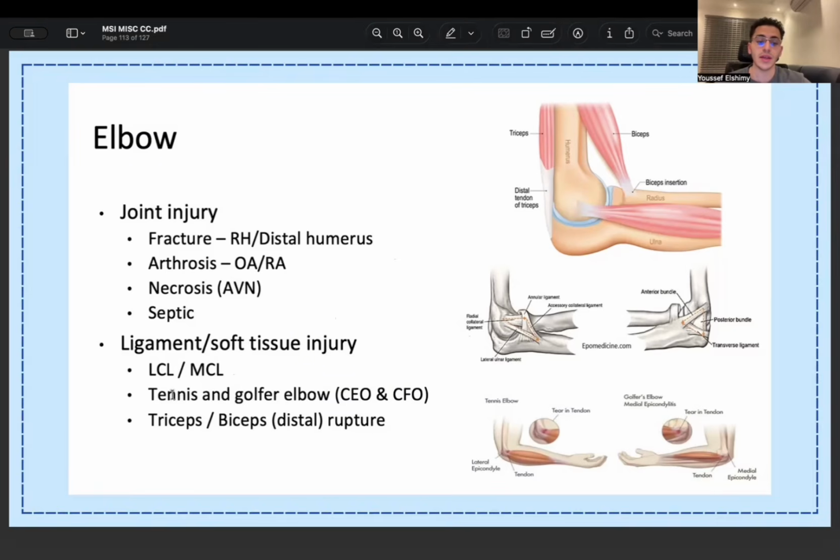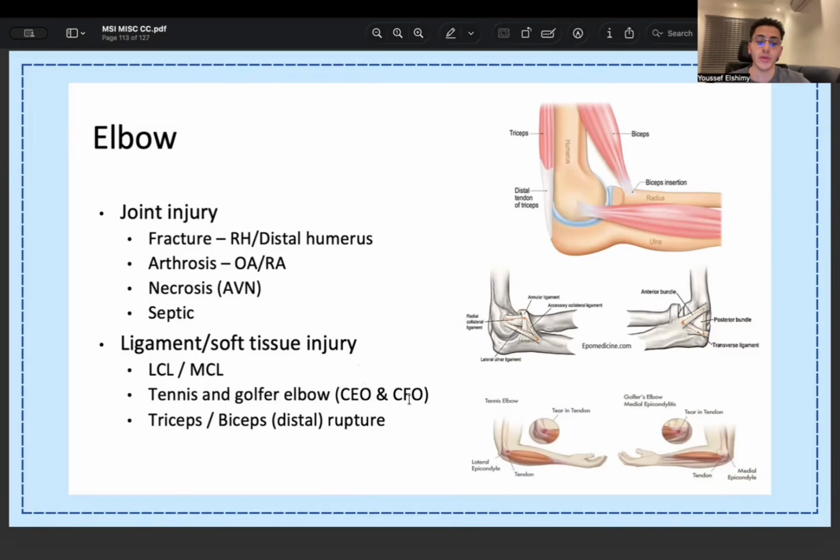And in tennis elbow, the CEO gets injured. The CEO is the common extensor origin, and this ligament gets affected in tennis elbow, while in golfer's elbow, the CFO or the common flexor origin is the one that gets affected. So a way to remember this is that the F in CFO and the F in golfer, they are the same.